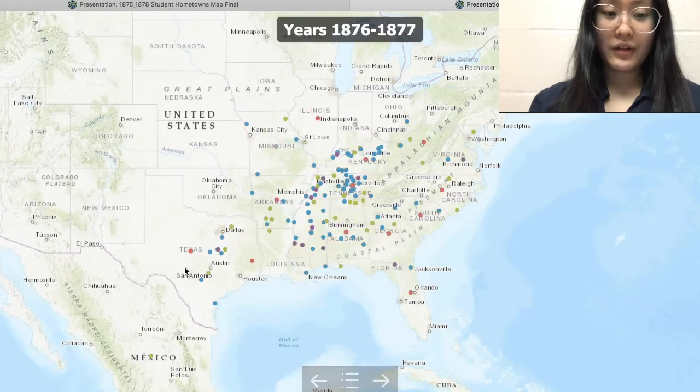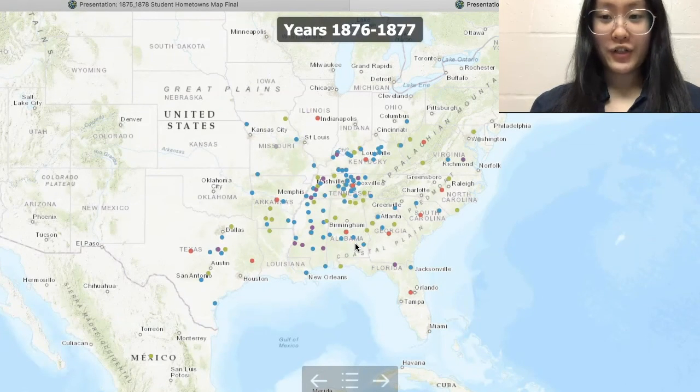But then in '77, you had nearly 10 people from there. And there were people from Missouri, Indiana, and down to Florida. So you can see that there was a visible difference in how geographically diverse the student population was. And that just shows how much Vanderbilt grew in the two-year period.